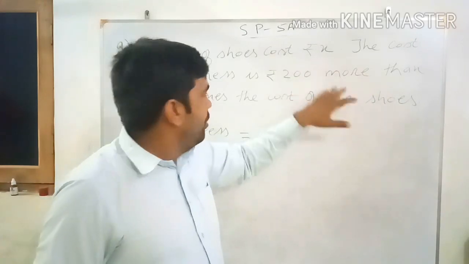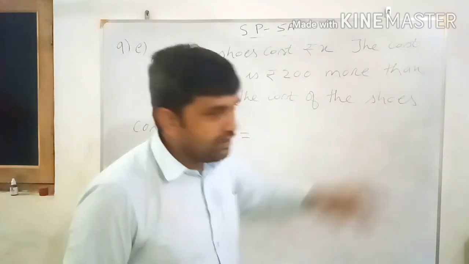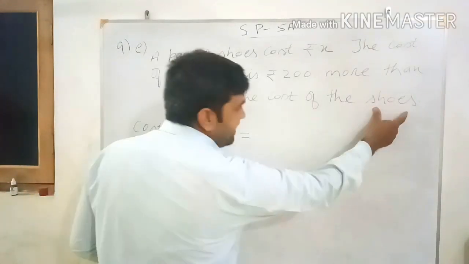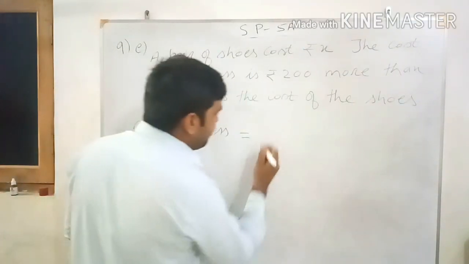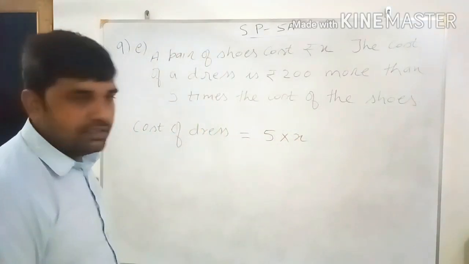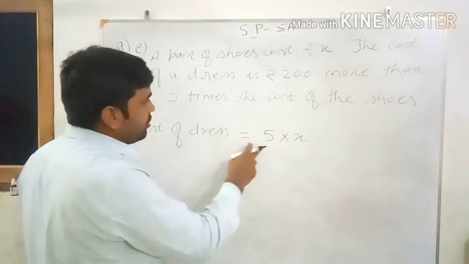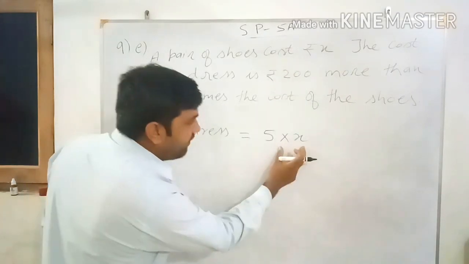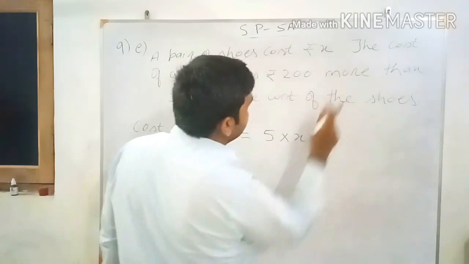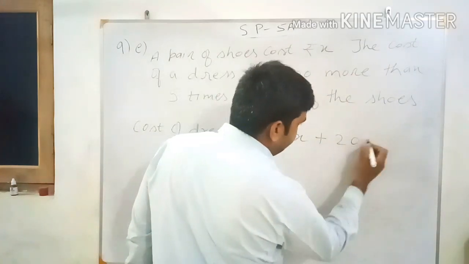So 5 times the cost of the shoes means 5 multiplied by x. And the dress is 200 more than that, so plus 200.